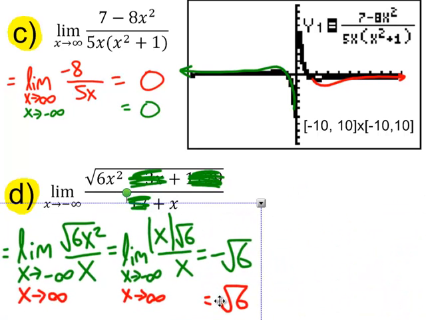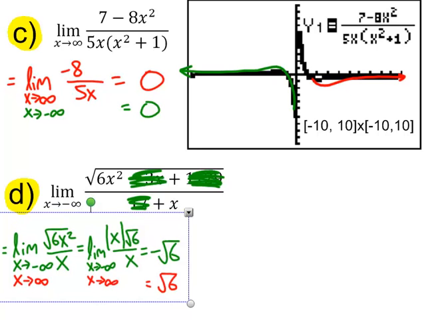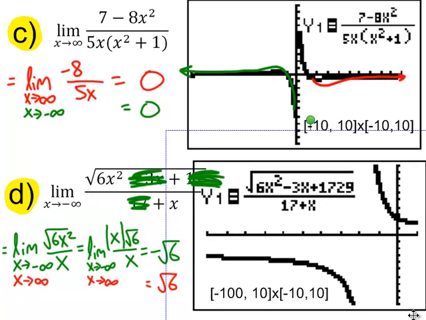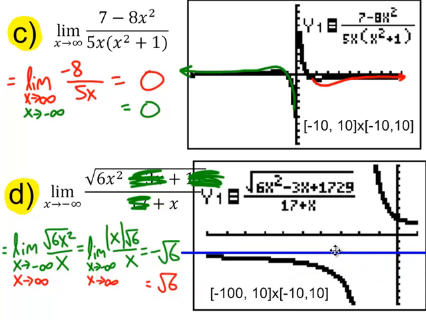And when I move this over and bring the graph onto the screen, we'll see the evidence there that as x approached negative infinity, as we went to the left, we were leveling out at some y value that it looks like it's about negative root 6.